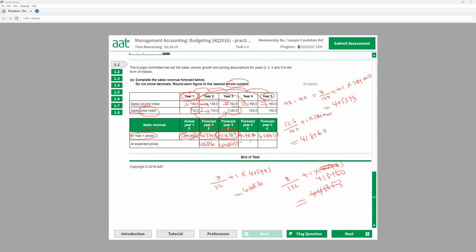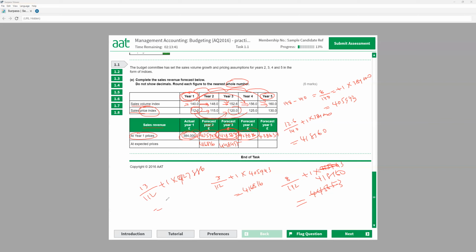And for year 4, same thing, 112 to 125. 125 minus 112, increased by 13. So divide by 112, plus 1, times the year 4 forecast, 427,886.